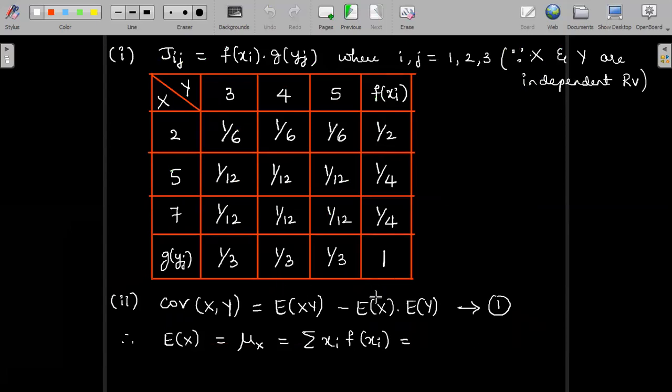So 2 into 1 by 2 plus 5 into 1 by 4 plus 7 into 1 by 4. And this on simplification gives us the answer as 4. We can use a calculator and obtain the answer easily. This is E of x, or expectation with respect to x, mu x. Similarly, we can find out E of y.